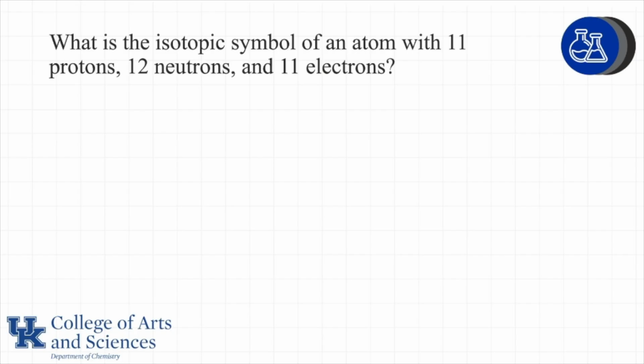What is the isotopic symbol of an atom with 11 protons, 12 neutrons, and 11 electrons? The first thing we're going to do is summarize the data, so we're not having to reread this. So we have 11 protons, 12 neutrons, and 11 electrons. Now we need to go from that information to building the isotopic symbol.